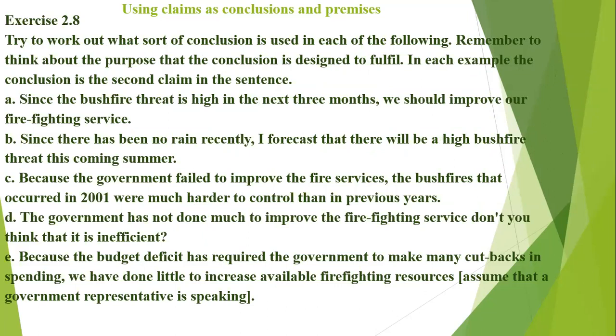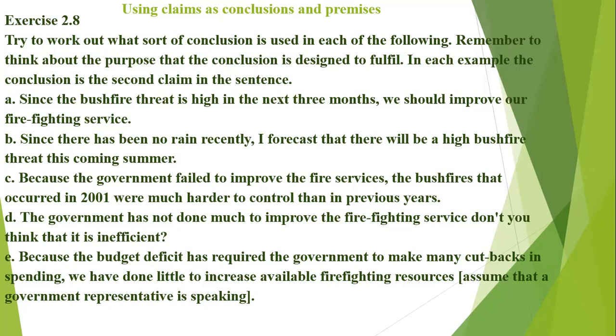Exercise 2.8. Try to work out what sort of conclusion is used in each of the following. Remember to think about the purpose that the conclusion is designed to fulfill. In each example, the conclusion is the second claim in the sentence. A. Since the bushfire threat is high in the next 3 months, we should improve our firefighting service. B. Since there has been no rain recently, I forecast that there will be a high bushfire threat this coming summer.